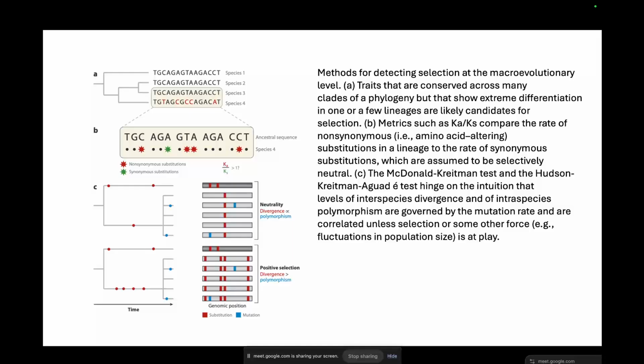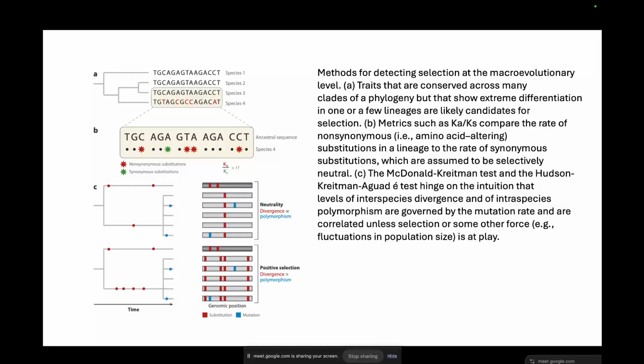So the idea is that the difference in genetic sequence between two species, that divergence, and also the polymorphism within the same species having different DNA sequences, both these things are governed by the mutation rate, which is natural. If you go from one generation to another, there will always be some mutations that are additionally introduced in every generation.